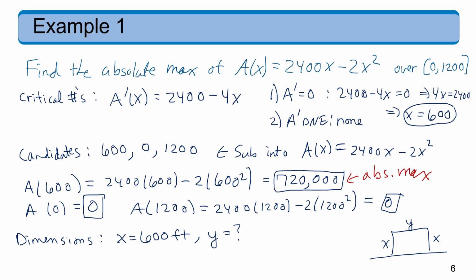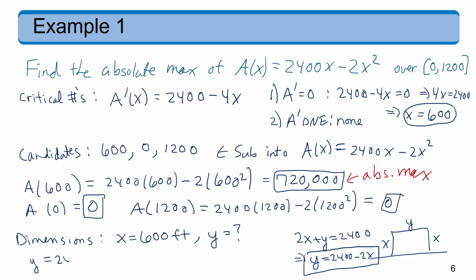We wrote this equation on the previous slide, and that was 2x plus y equals 2400. That was the equation that expressed the total amount of fencing as 2400 feet. And then we solved it for y: 2400 minus 2x. So we can use this equation and substitute in 600 for x to find the corresponding y.